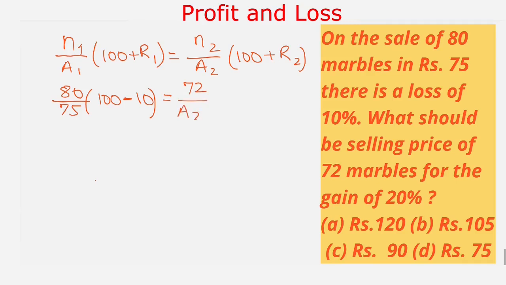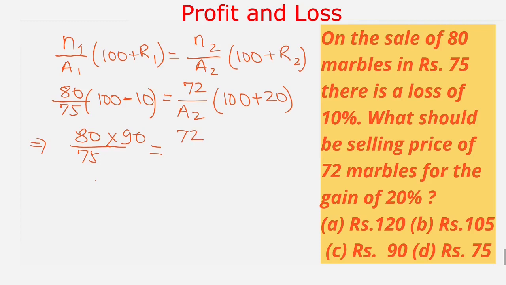So we write A2 into 100 plus 20, as we have to sell the 72 marbles in amount A2 for a gain of 20% profit, so we write plus 20 as it is profit. Now we solve it for A2. This is equal to 80 over 75 multiplied by 100 minus 10, which is 90, equal to 72 over A2 into 100 plus 20, which is 120.